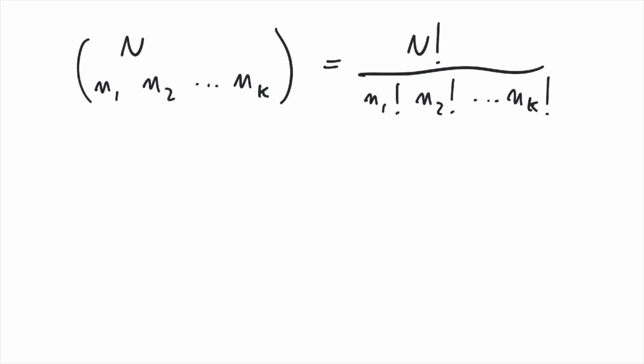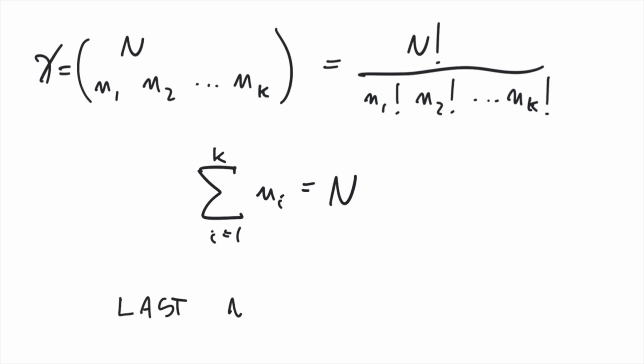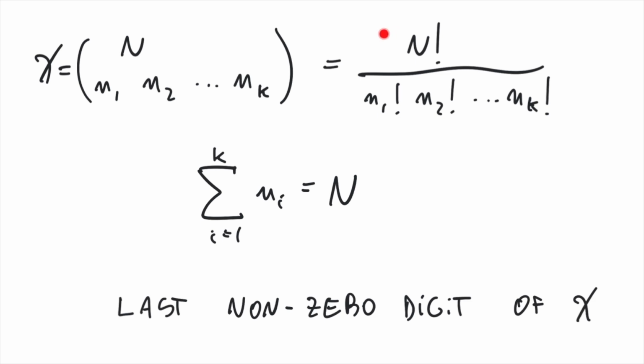Here, the condition for this to be a multinomial number and an integer is that the sum over the n's is equal to large N, and let's call this one chi. Then the question is, how do you compute the last non-zero digit of chi? So here it looks like we have to perform a division, right?